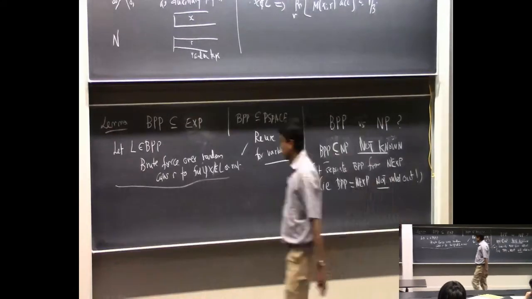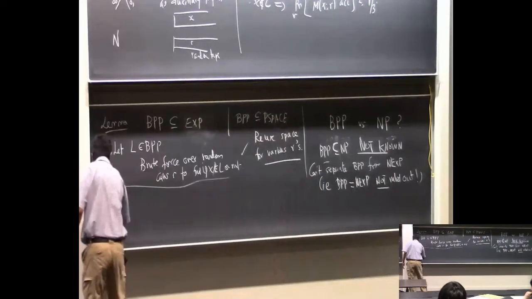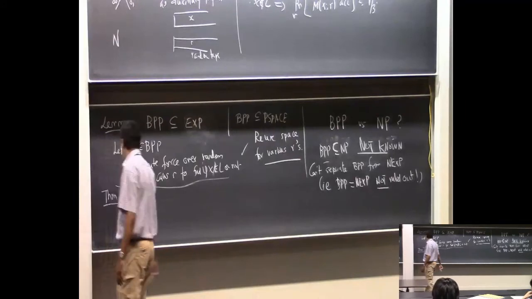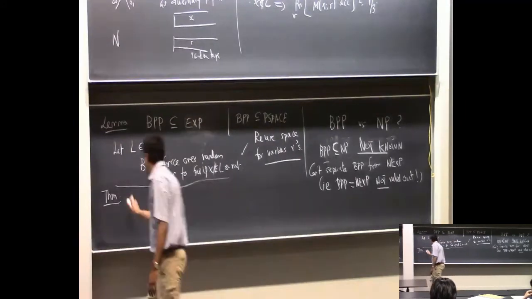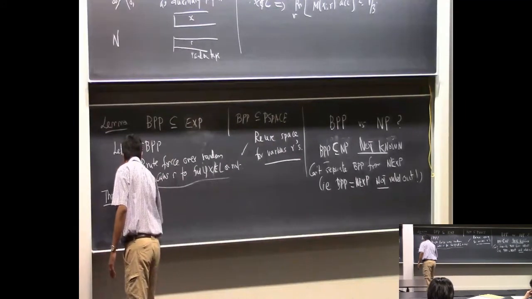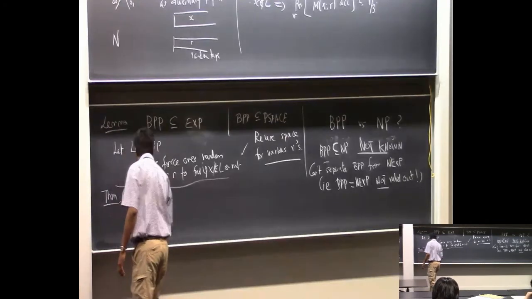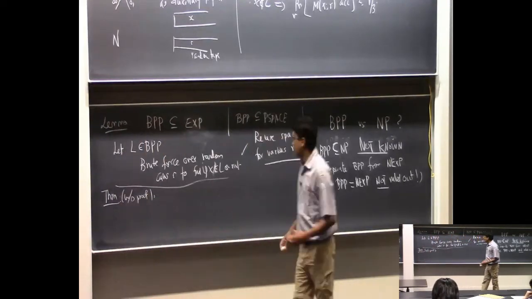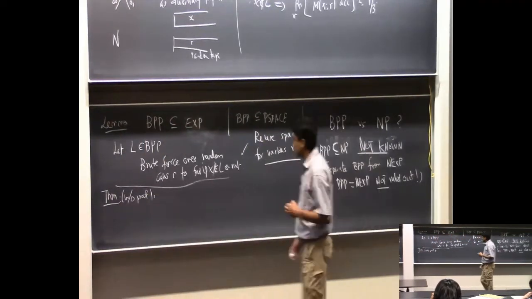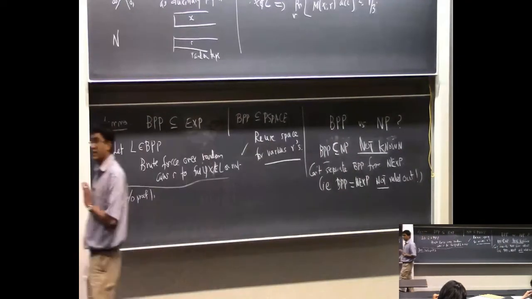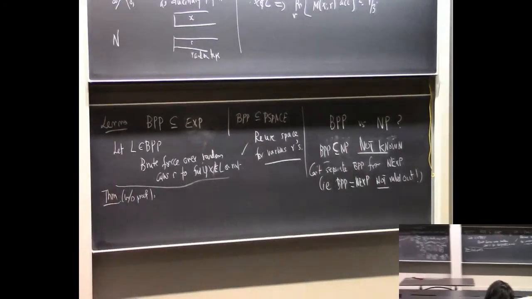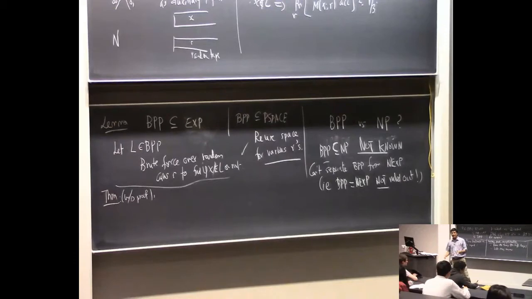But what is known is this theorem, which I won't prove: it is known that if P equals NP, then P equals BPP as well. So it cannot be that non-determinism crashes to polynomial time, but somehow randomization really helps.